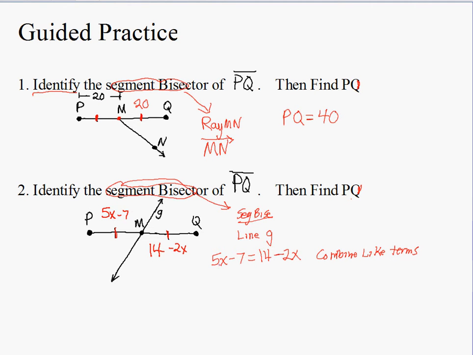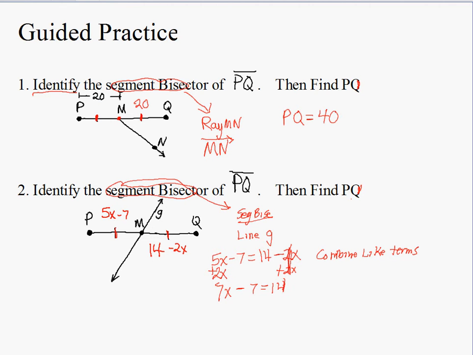We want to get our x's together and we want to get our numbers together. Traditionally, I always like to put my x on the left. So I'm going to get rid of this negative 2x. The inverse operation, subtract, is plus. So over here, I have 7x minus 7 equals 14.